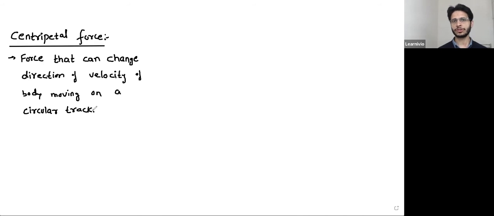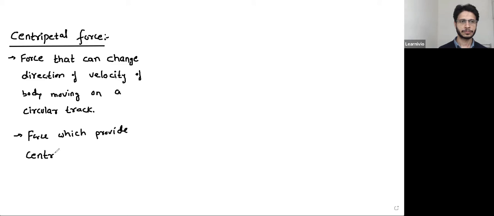If a body is moving on a circular track, then it needs a force which can change the direction of its velocity. That force is known as centripetal force. Or in one line, you can simply say it's a force which provides centripetal acceleration.